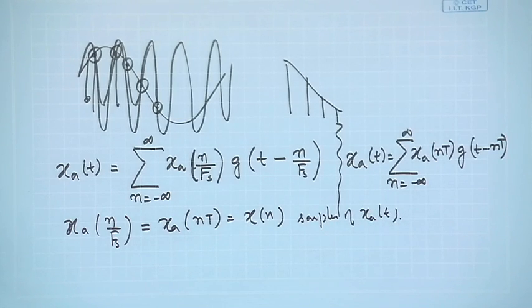So, in this way what we have established is that if you are sampling a signal to convert it from analog form to a digital form, then one should choose a sampling frequency which is at least twice or more than 2 times the maximum frequency. So, if you are doing it, then you would avoid aliasing.